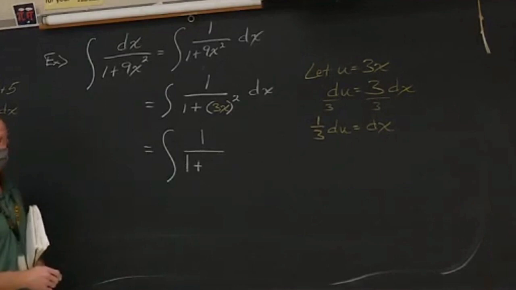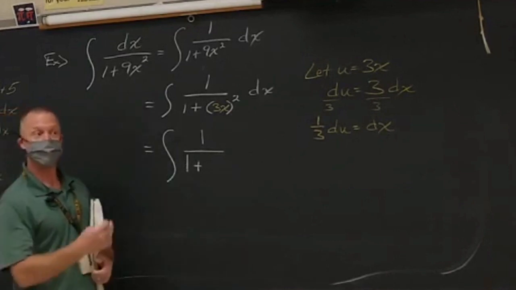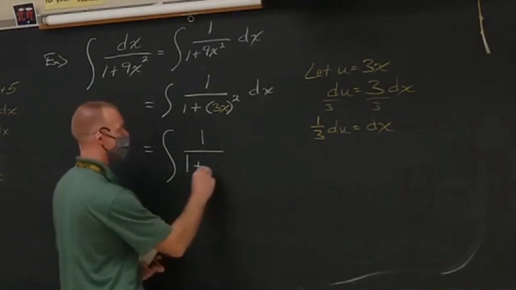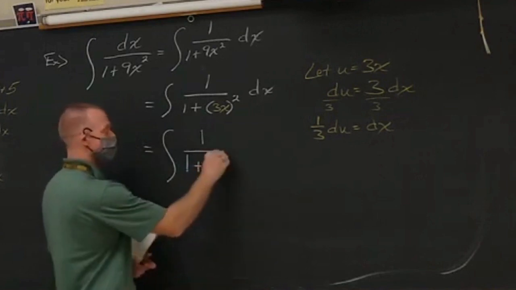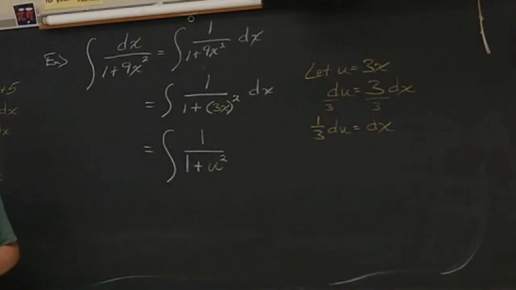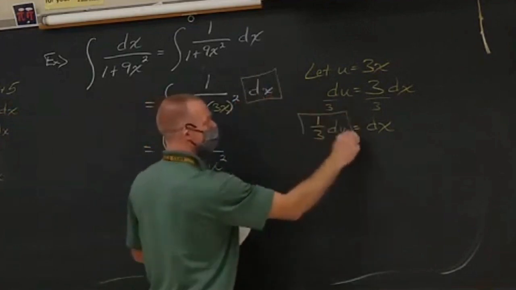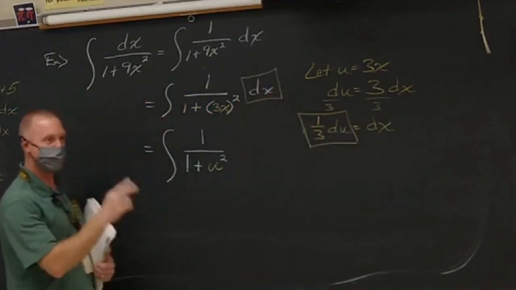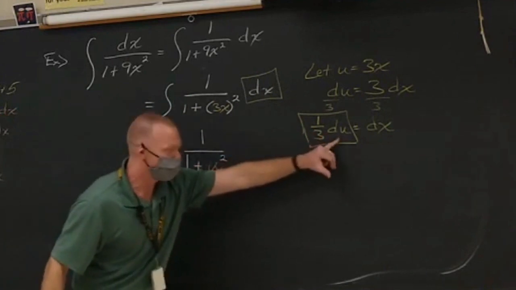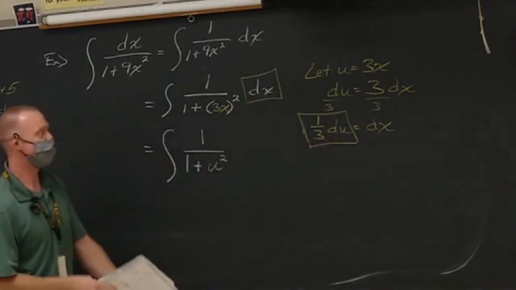It's 1 over 1 plus u squared. I hope that you're not overthinking this step, that's the essence. You have changed 3x to be u. Are you getting this? This is important. You have to realize that both of those, 1/3 du, both of those are equivalent to dx.